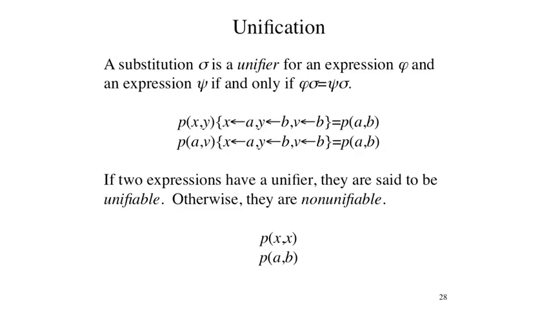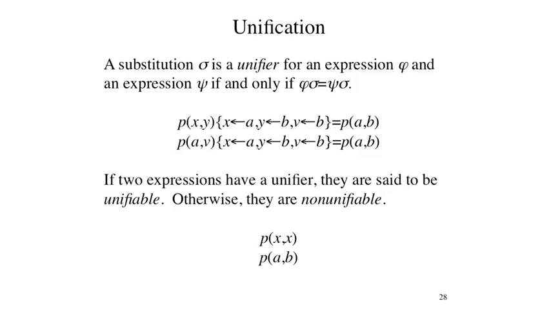Now, why do we care about substitutions? Well, it's the first step in unification. We say a substitution sigma is a unifier for an expression phi and expression psi if and only if phi sigma is the same as psi sigma. In other words, sigma applied to phi and sigma applied to psi produce the same expression.